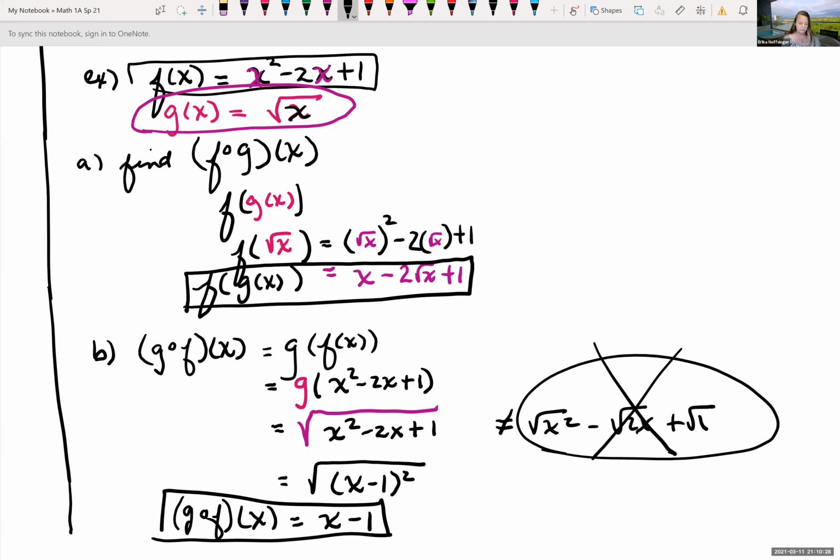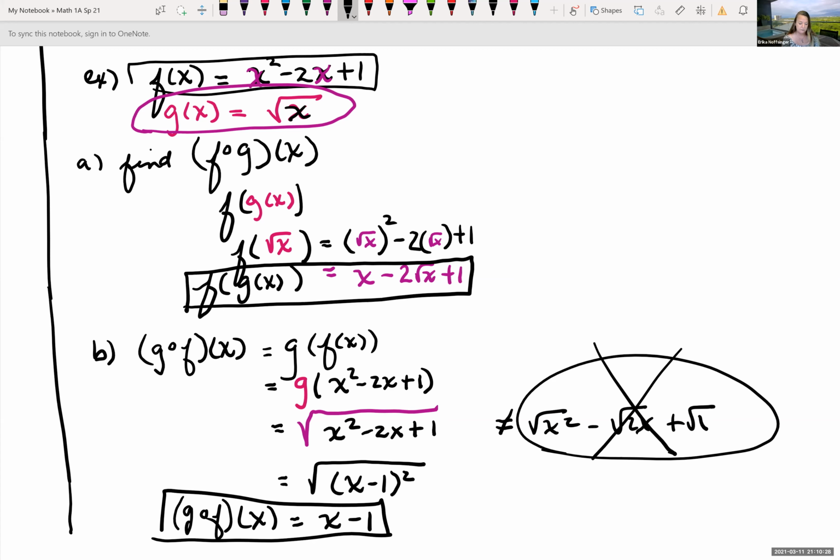So let's say we're given a function h of x. This is equal to the square root of 6x minus 1. And it asks us to find two functions, f of x and g of x, such that if we took the composition of the two, and order matters, so we have to decide which way we want to write it.